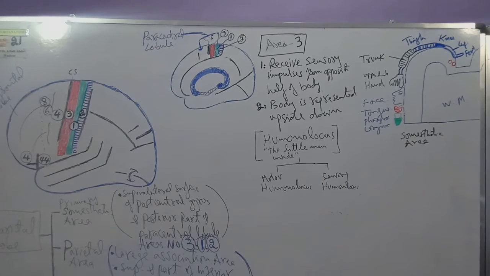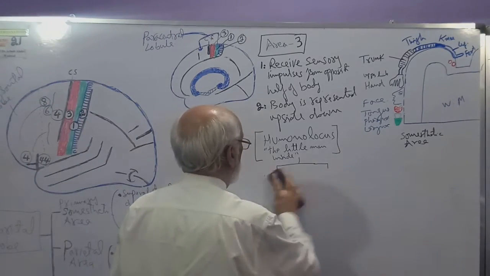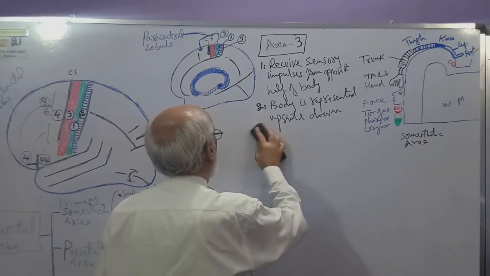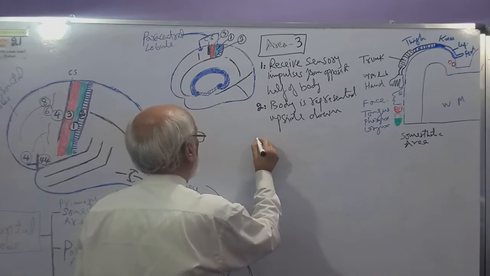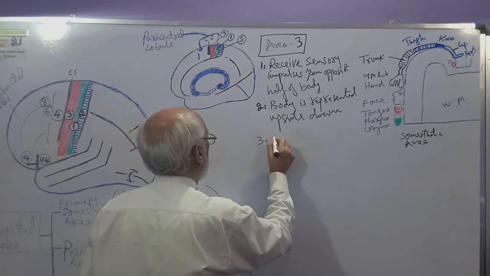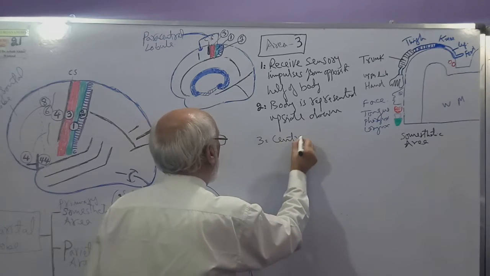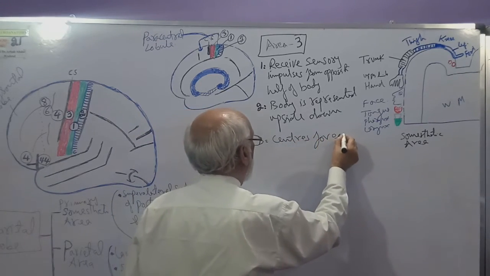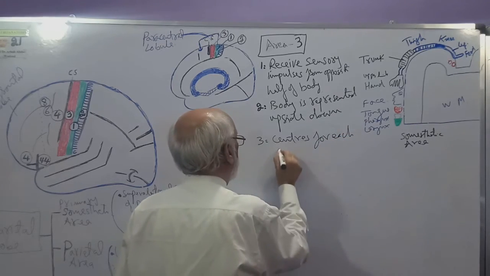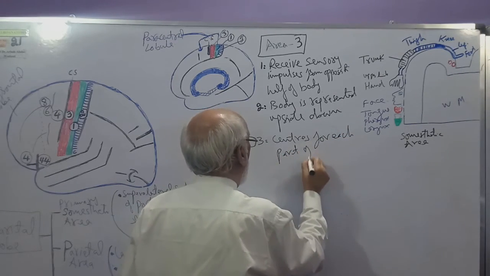Next, just like in the motor area, in the sensory area, Brodmann cortical area number 3, there are centers for each part of the body.